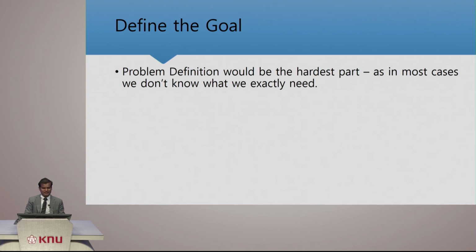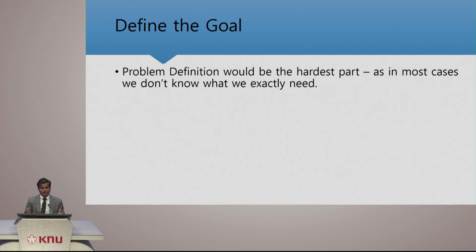So we call that defining the problem or problems that you really want to solve. This is the hardest part. Many people don't know what exactly they need. That's where we mess up things. So first and foremost thing is to come up with the right question.